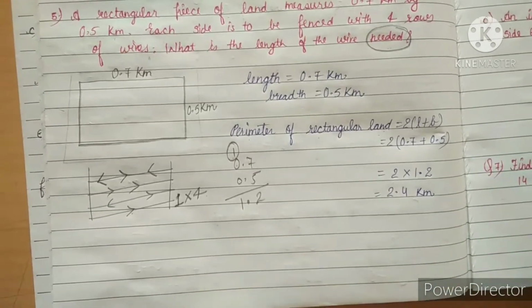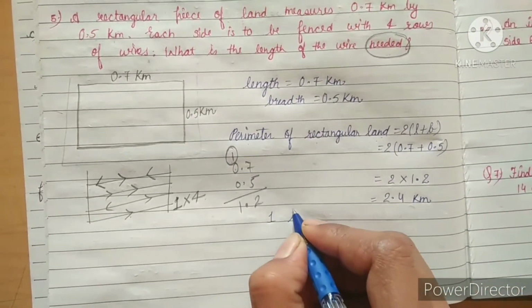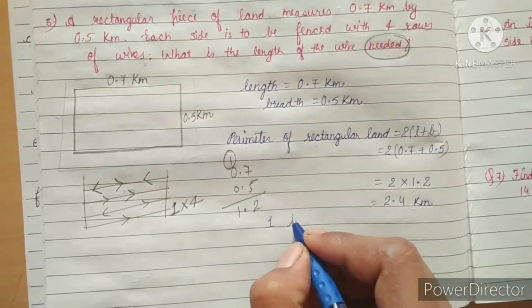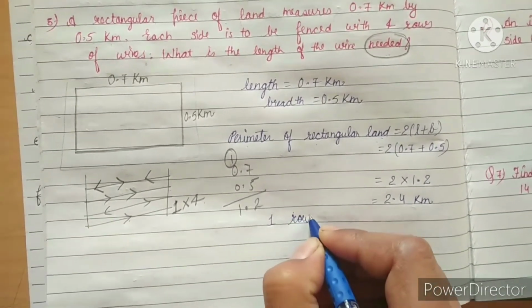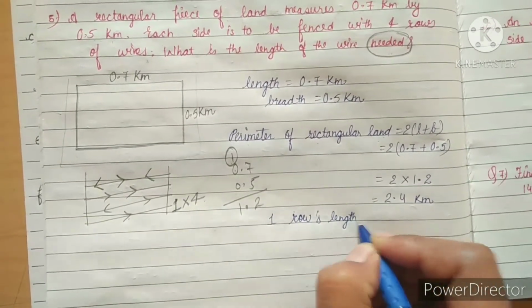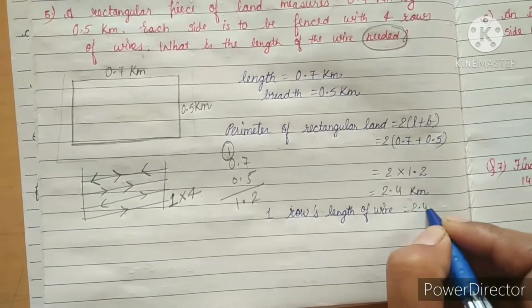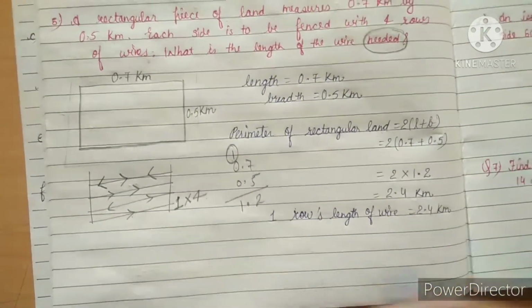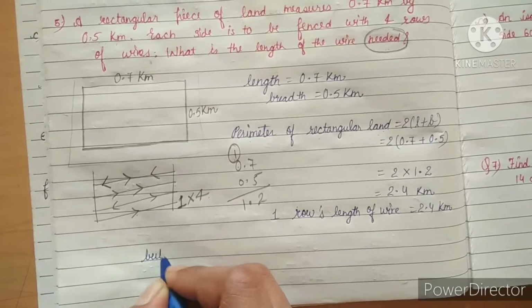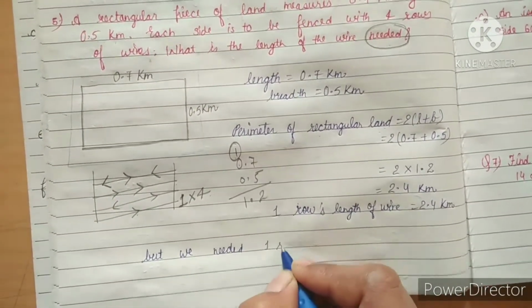It can also be said as one row's length of wire is 2.4 kilometer, but we needed 4 rows.